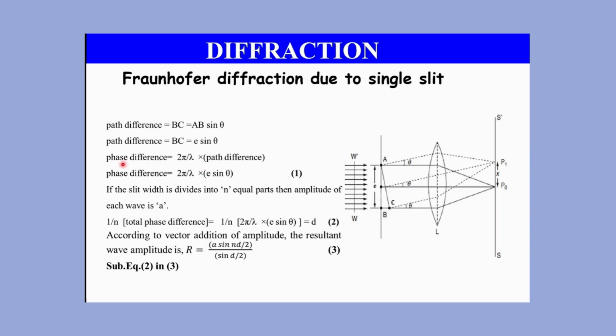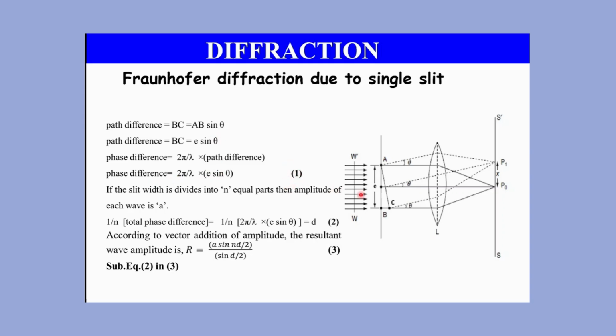Now we need the equation for the phase difference. There is a relation between the phase difference and the path difference: phase difference is equal to 2 pi by lambda into path difference. Substituting the path difference e sin theta, we get phase difference is equal to 2 pi by lambda into e sin theta. Let us call this equation number 1.